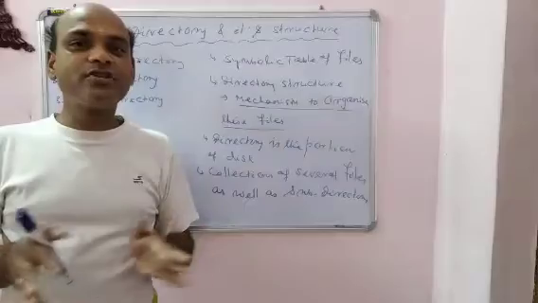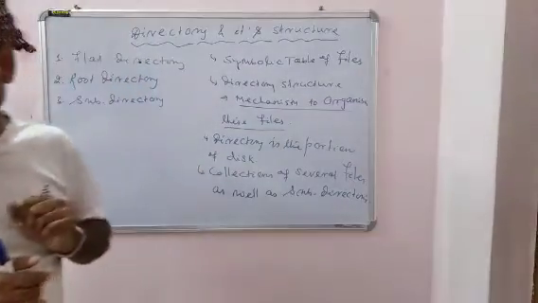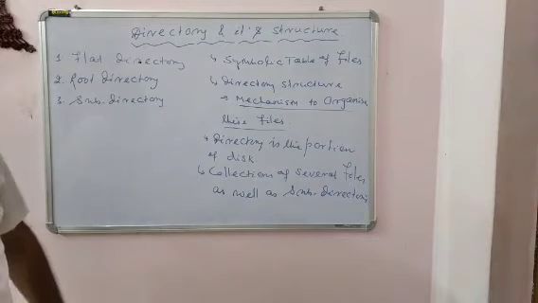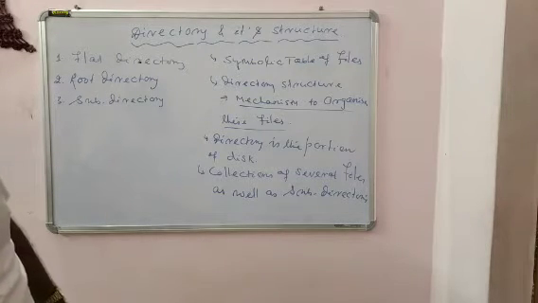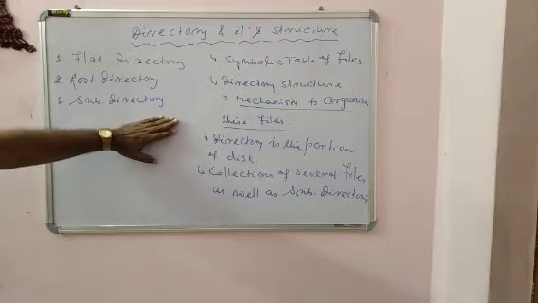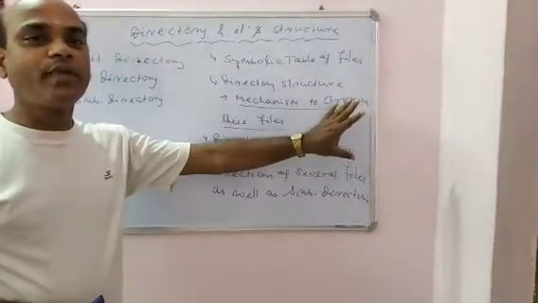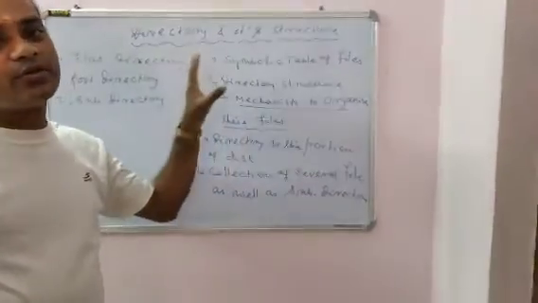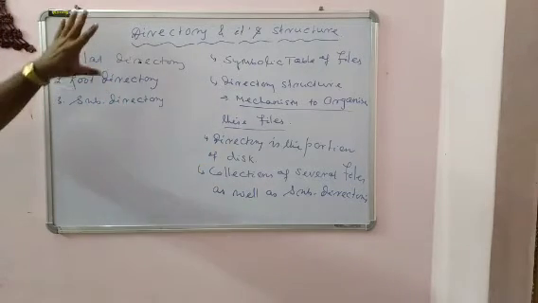So the entire file system is the collection of files and directories or subdirectories. The file system can contain millions of directories also. The disk has to manage all the data in an organized way. So real data are stored in files, files are stored in directories, and several directories are stored in the disk.